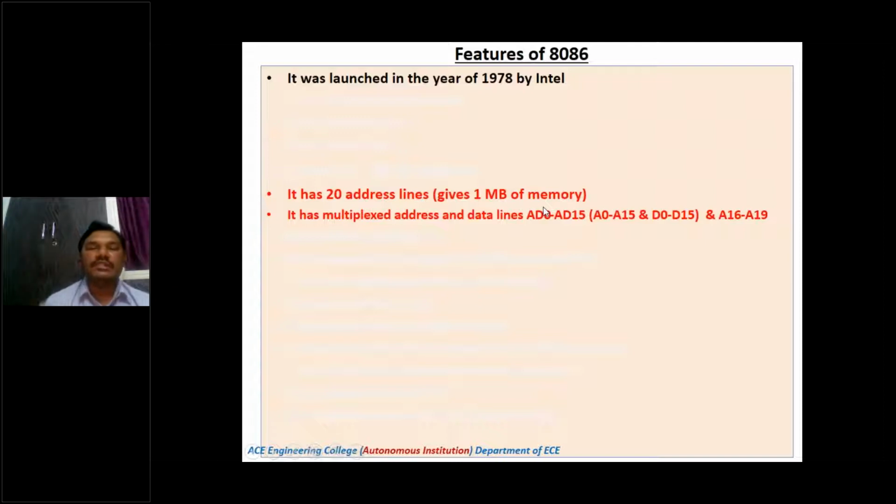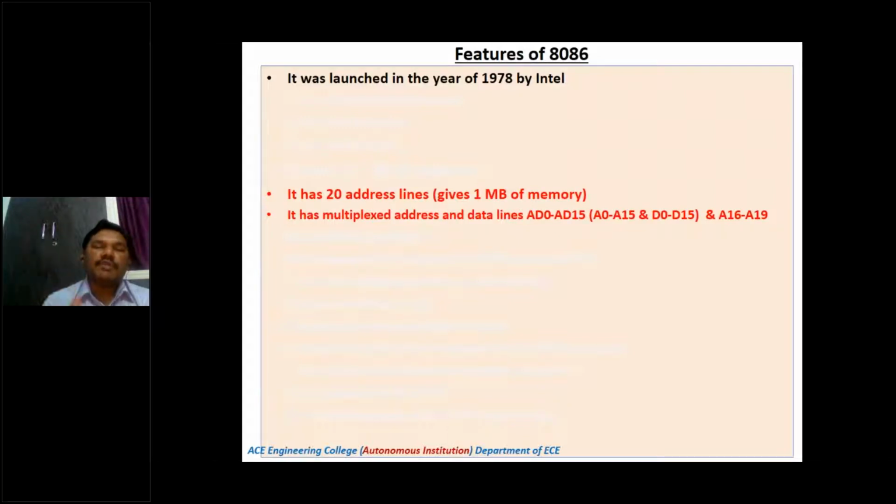Why? Suppose I have thought of giving 1000 rupees to you. I'll say, come to my home. Come to my home is the address. After reaching my home, only then will you take your 1000 rupees. 1000 rupees is the data.